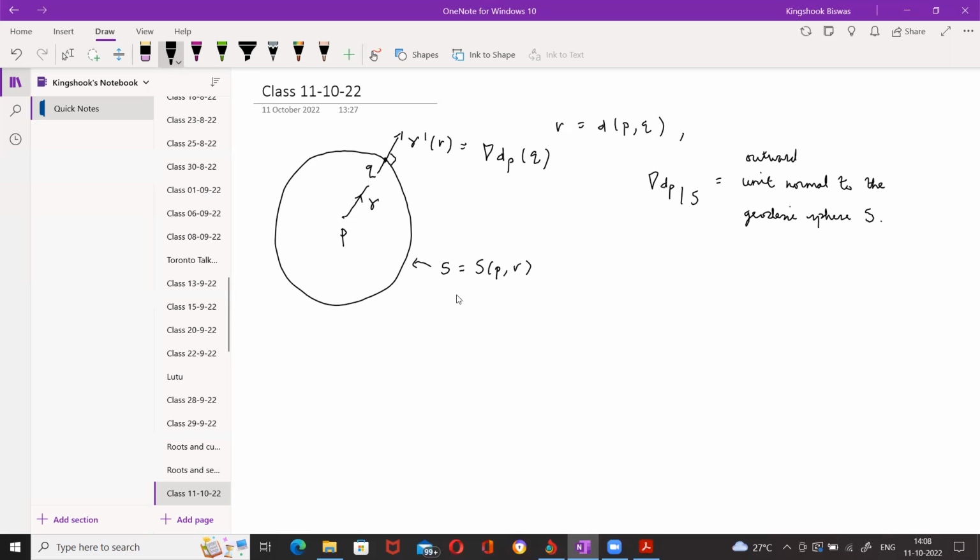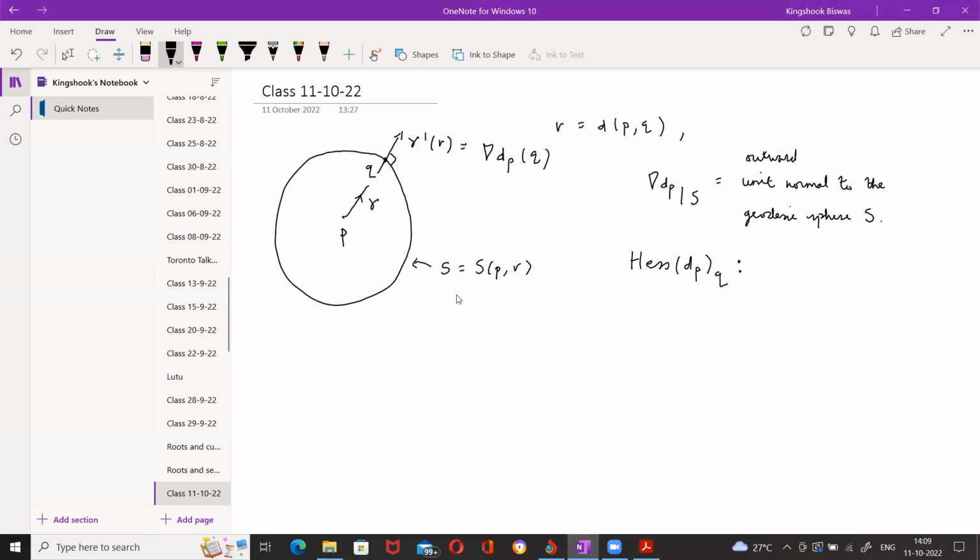And when we're looking at the Hessian of the distance function at the point Q, where does this go from?